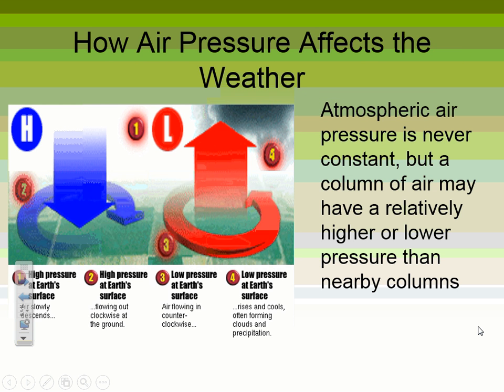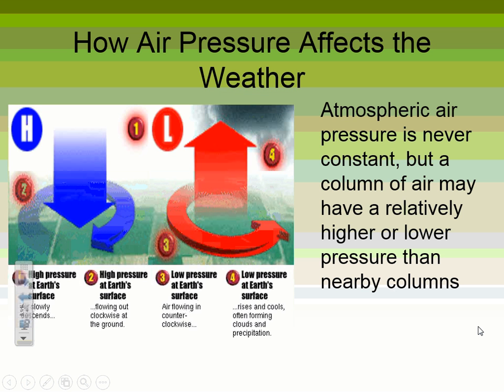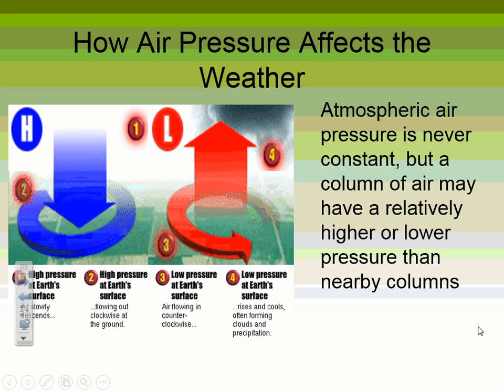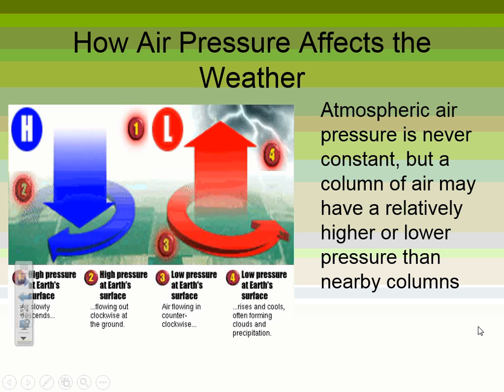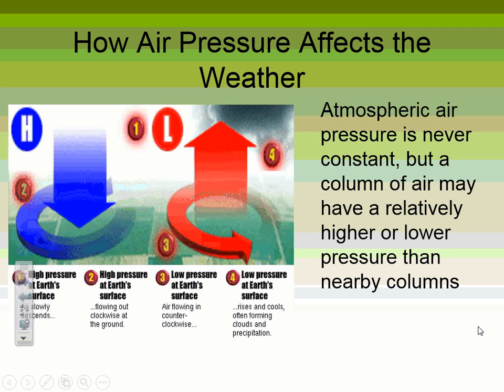In talking about convection currents, atmospheric pressure is always changing. You'll always have hot air rising and cold air descending. In the case of a high pressure system, high pressure has more particles closer together and is therefore more dense.